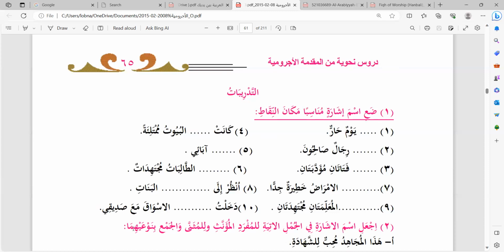Shops is not a person, it's not a living thing. These shops. تلك is used for something that's far. Totally fine. دخلت تلك الأسواق مع صديقي. So to indicate something that's close by, you'll say هذه الأسواق. To indicate something that's far, تلك الأسواق مع صديقي.